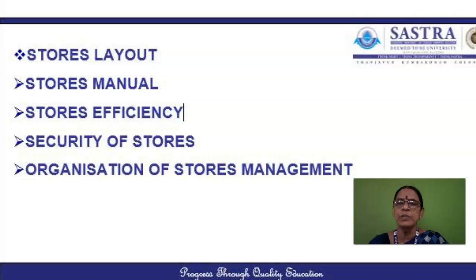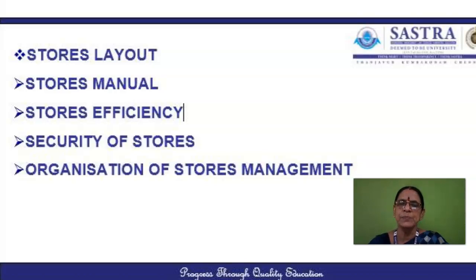So the scope for further expansion should also be considered. Accessibility. The layout of the store should be planned so that the accessibility of the store items is very convenient. There should be adequate handling equipment like trolleys and forklifts to have access to the items.